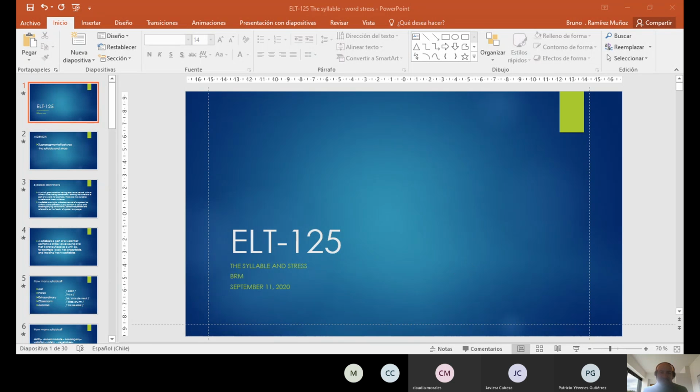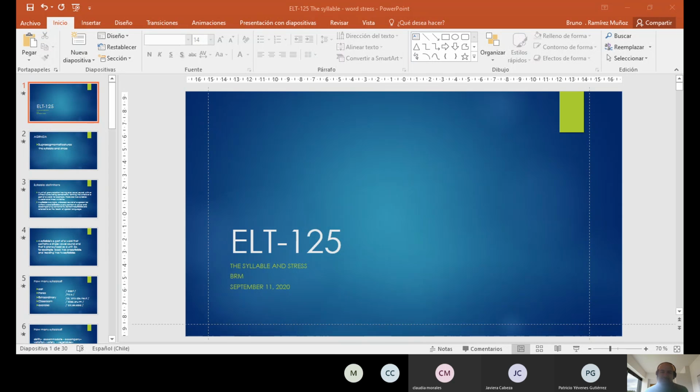So the idea for this lesson is that we're reviewing the syllable and its structure, its components, and the idea is not that we learn by heart the rules for syllabification because they are really complex.